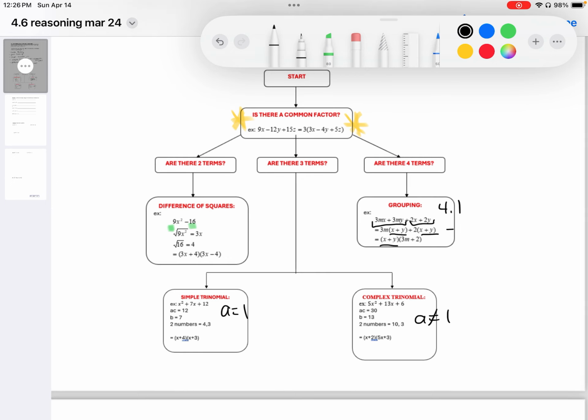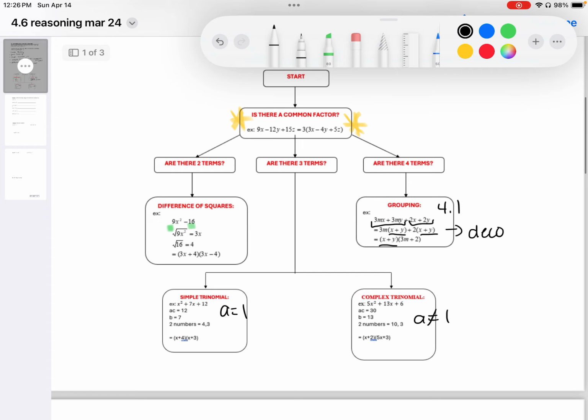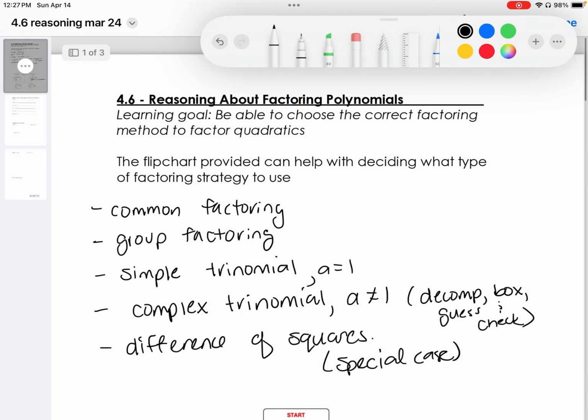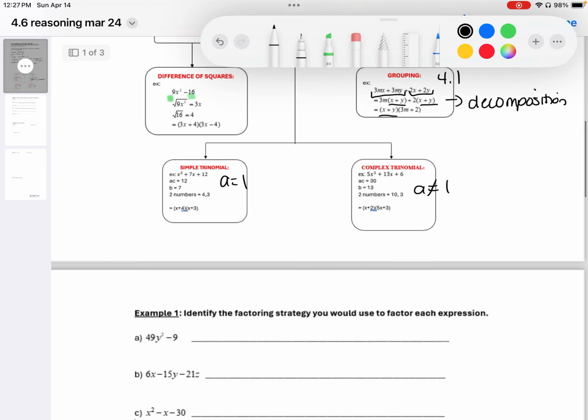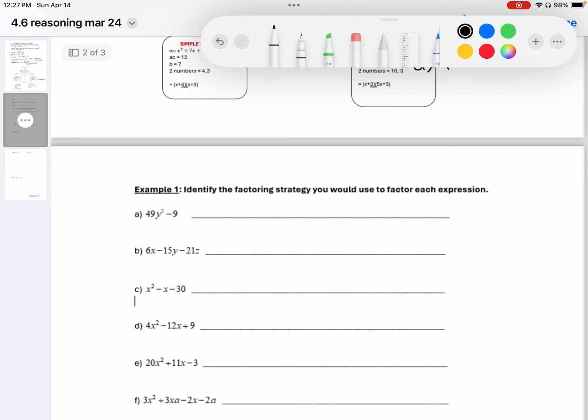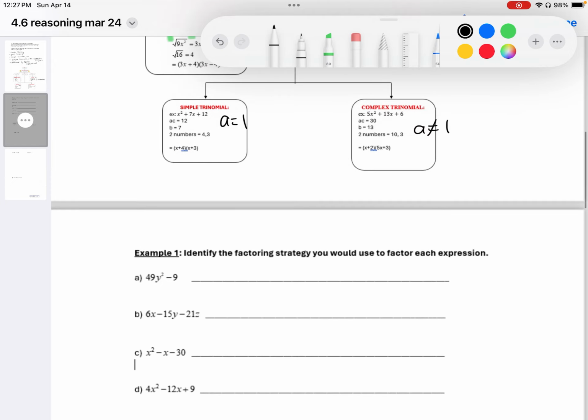Okay, so that's more like the steps for decomposition. I'm not going to ask you to fill in this flow chart again, but it can help you with figuring out which factor strategy you're going to use.